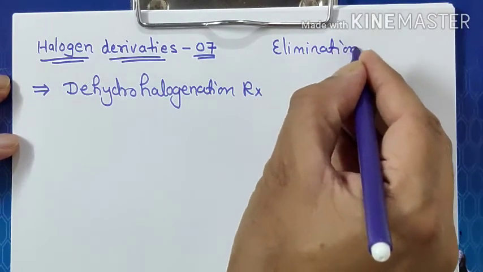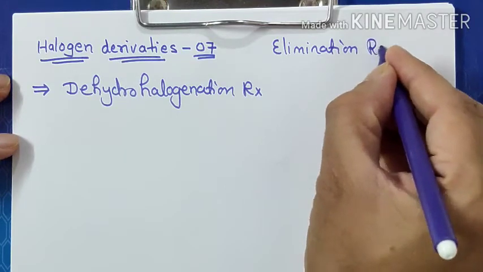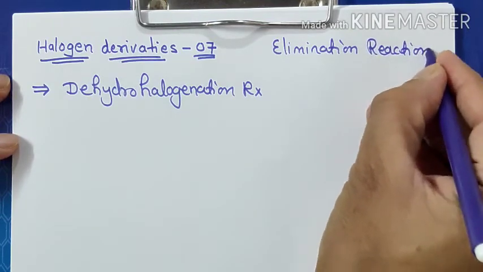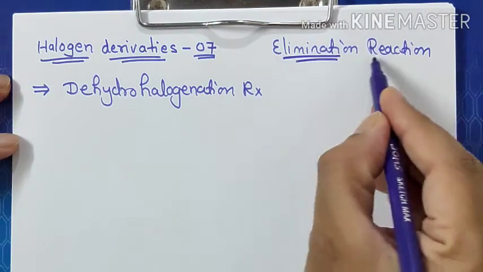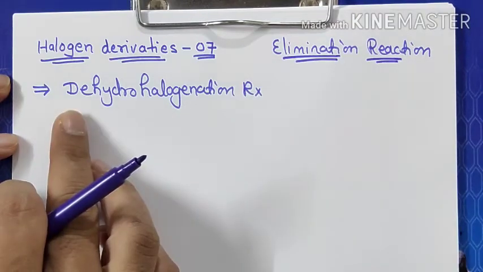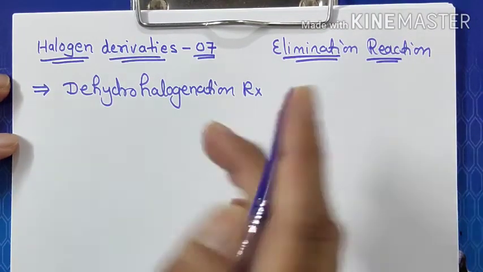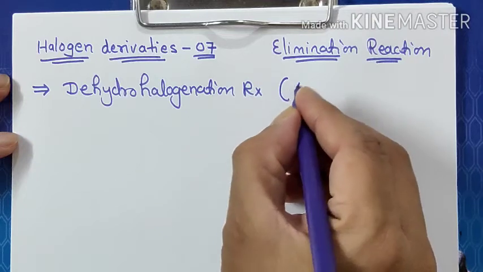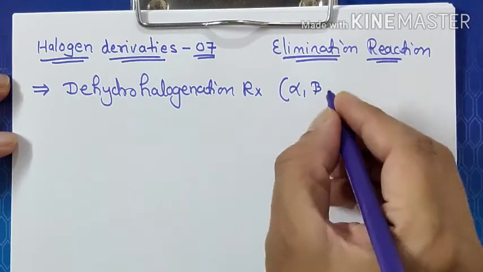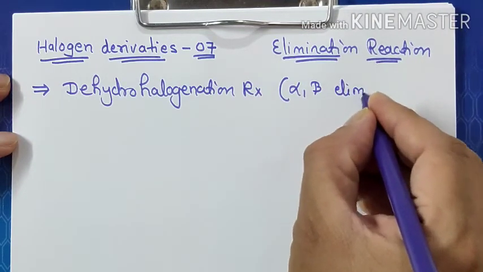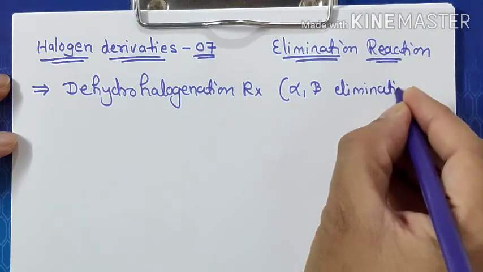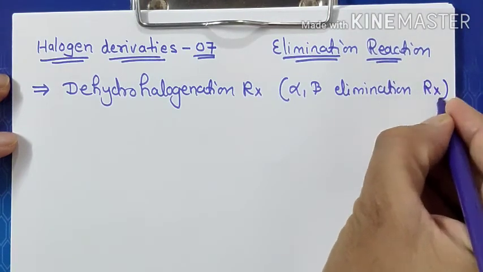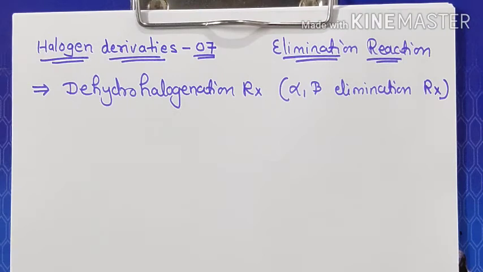What we are studying is elimination reaction, and in this elimination reaction we'll be studying the dehydrohalogenation reaction. It is also called the alpha beta elimination reaction.